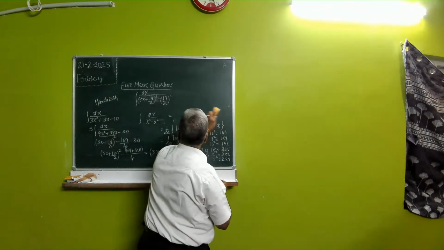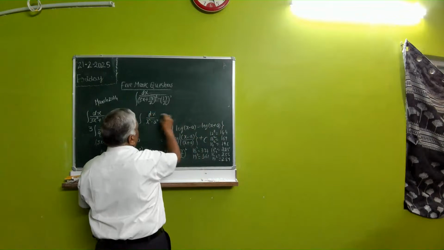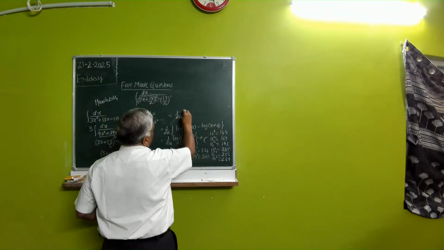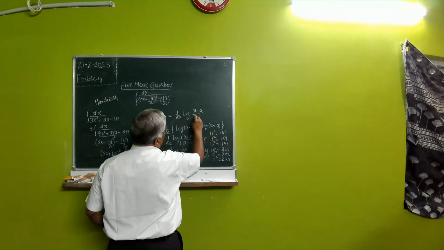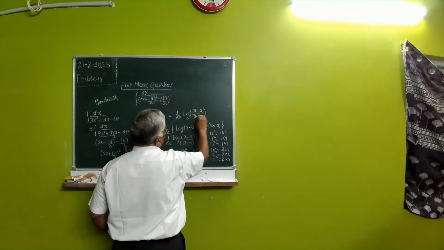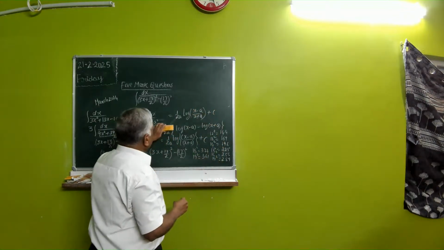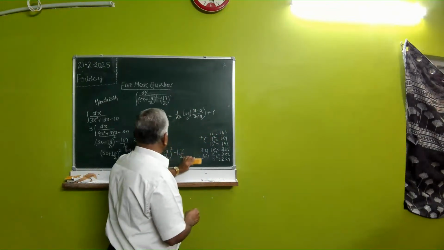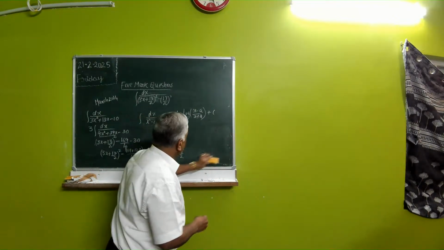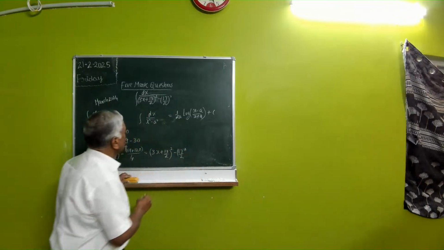We have got now, this is 1 by 2a log of (x minus a) over (x plus a). Yes, that we have deduced. So we have brought this problem into that format.